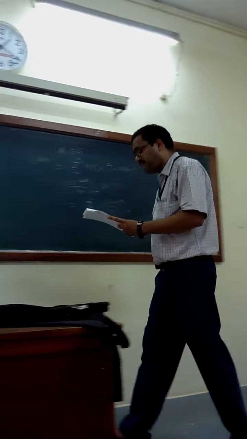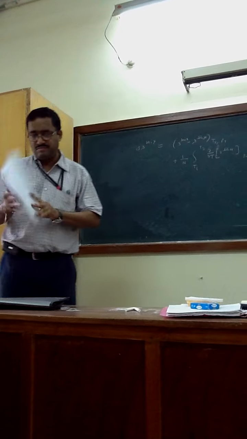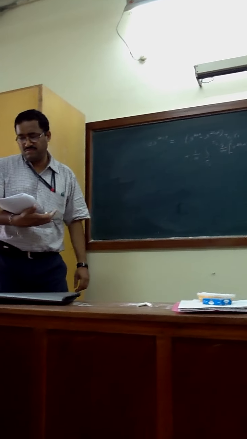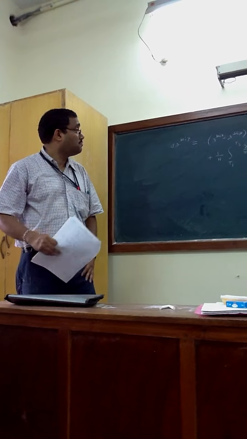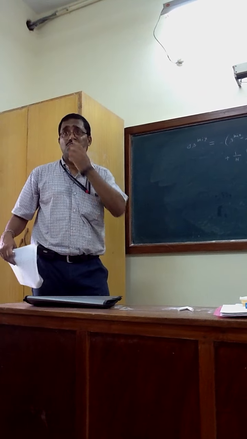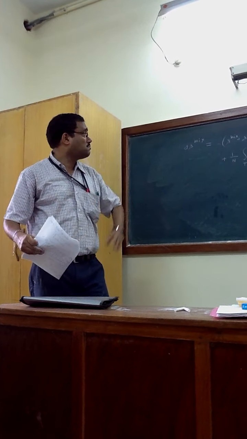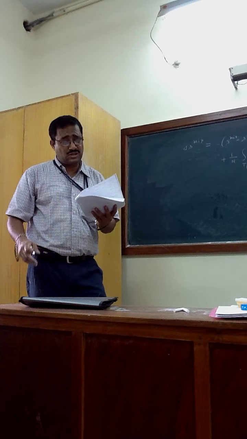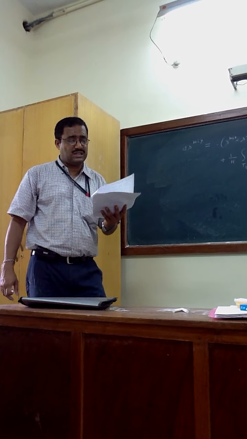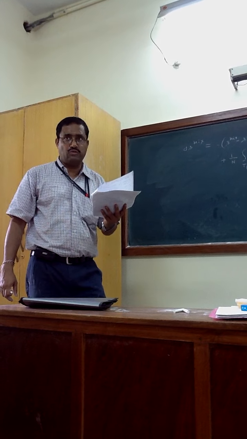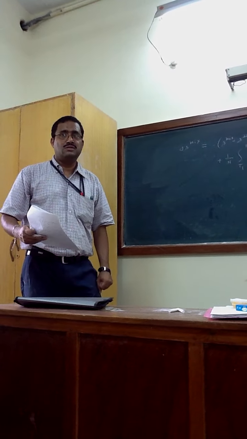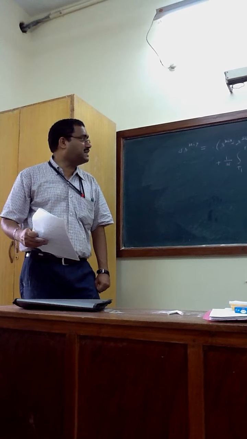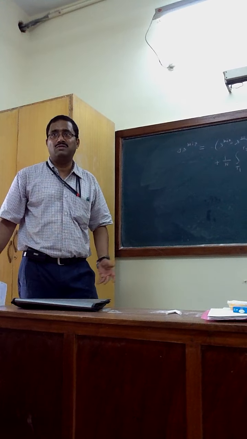How will you get it? The second term is T1 to T2, dou M mix by dou T at P tending to 0 dT, right? At P tending to 0, any mixture will go to IGM, right? So that means dou by dou T of S IGM at P tending to 0 dT. What's the problem?